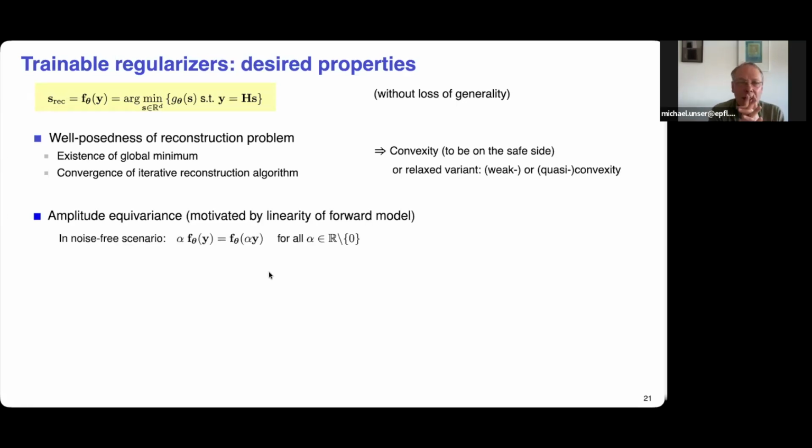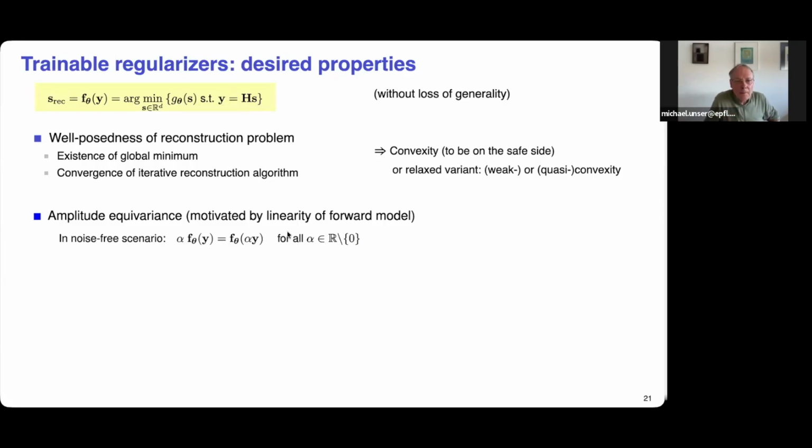But now here is a second twist. What I didn't say is that if you're learning a regularizer, you could also use this regularizer in the noise-free problem to solve that particular problem. The regularizer doesn't care about the problem you're solving. It's supposed to inject prior knowledge. So let's look at the noise-free scenario just to design our regularizer.